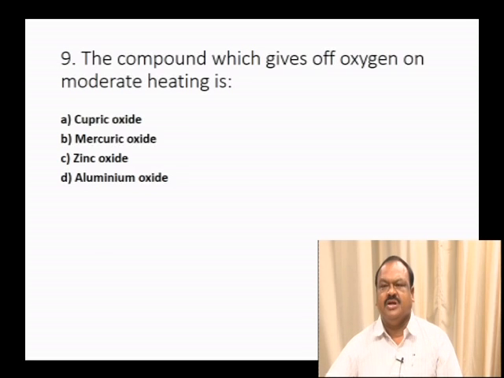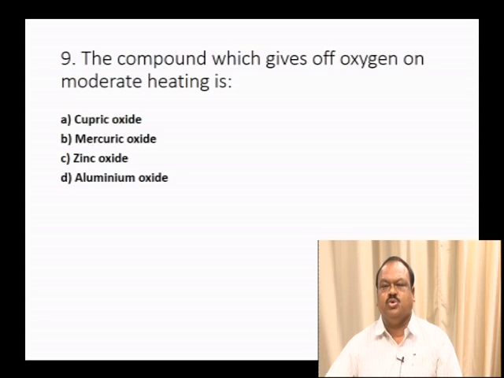Next question. The compound which gives off oxygen on moderate heating, means at low temperature, the following oxides produce oxygen: cupric oxide, mercuric oxide, zinc oxide, aluminium oxide. As per the Ellingham diagram, the mercuric oxide curve crosses the delta G zero line at low temperature, hence it readily produces oxygen at very low temperature.